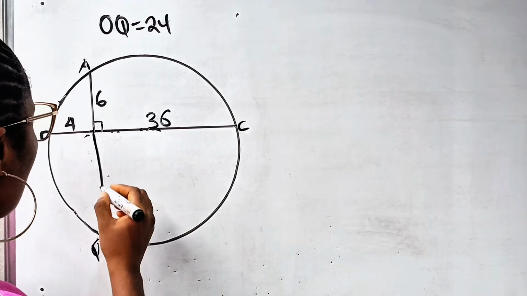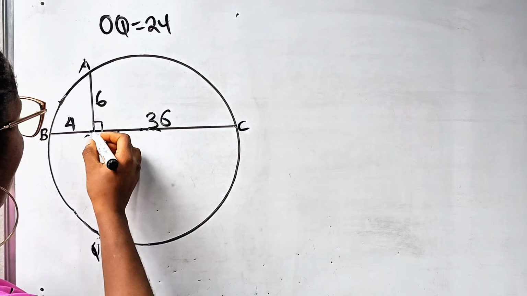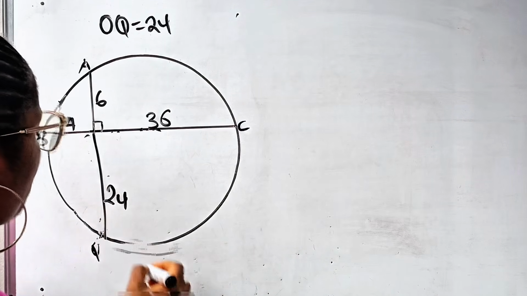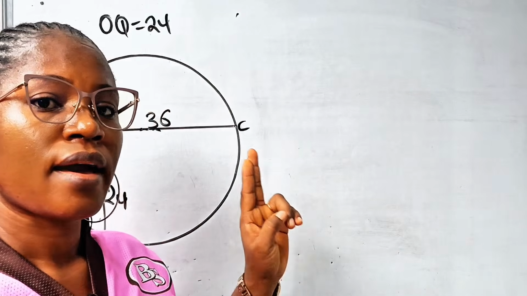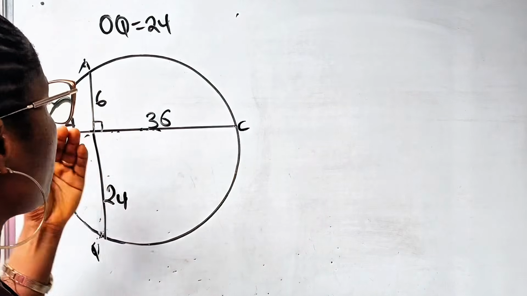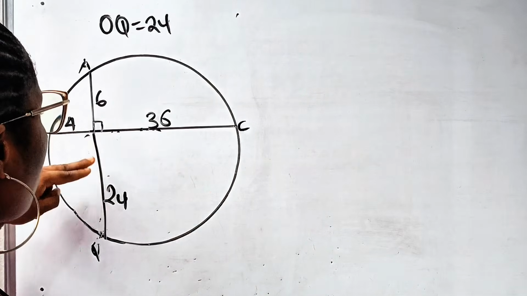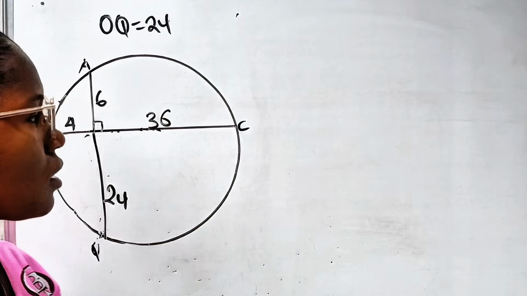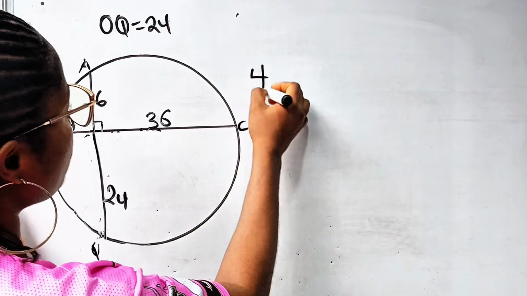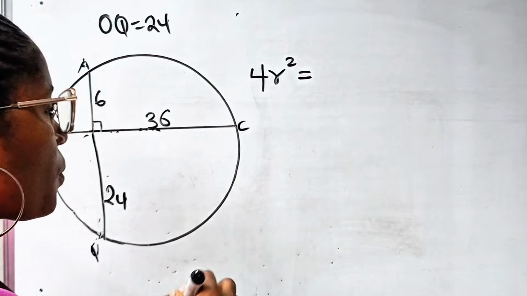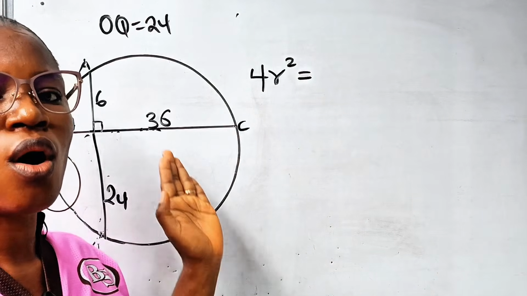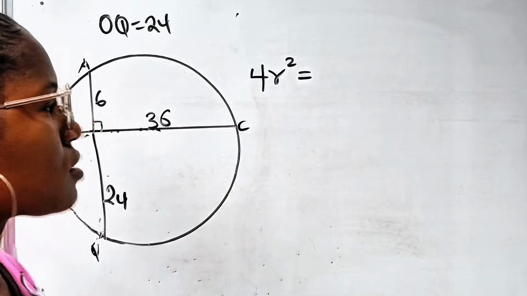So from here to here is 24. All right. Now remember that when two chords intersect at right angle in a circle, then 4 multiplied by the radius of the circle squared is equal to the sum of the squares of all the segments of the chords, right?